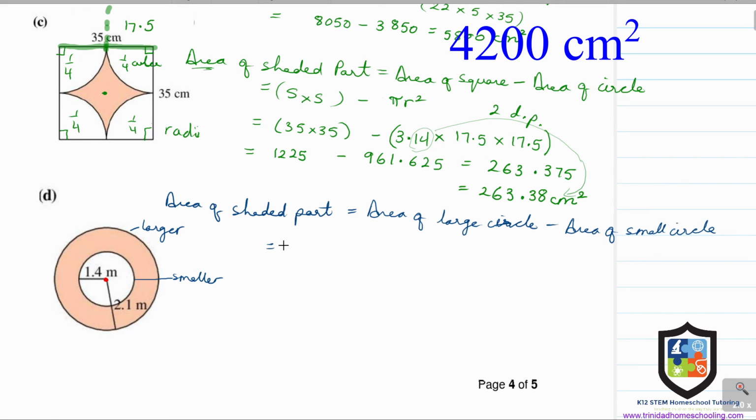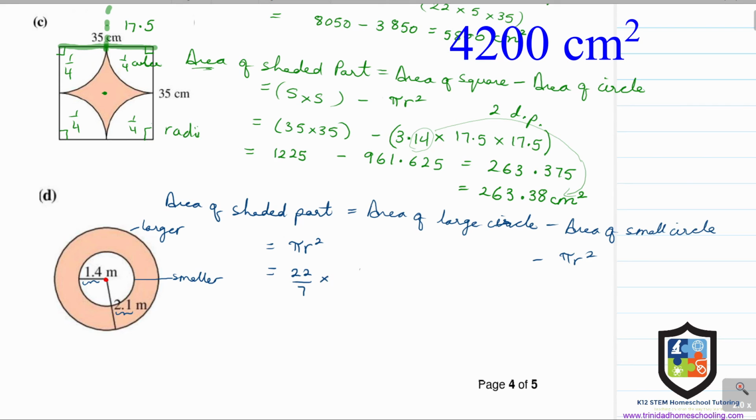So again we know the areas are pi r squared, and they both are pi r squared. Now what is pi? Now I'm seeing some decimal points here. I could use 3.14, but if I look carefully I'm seeing 14 and 21, and they can be divided by 7 easily. So I'm going to use that 22 divided by 7 value.